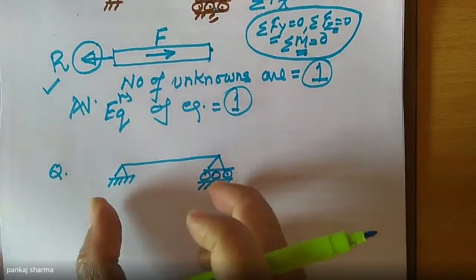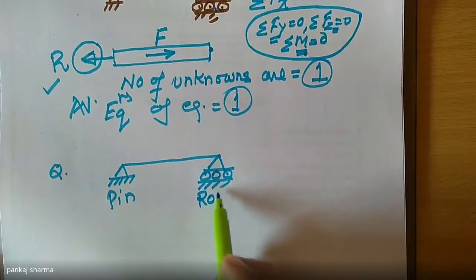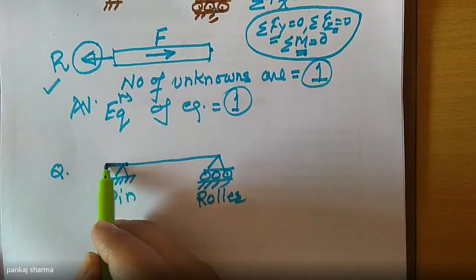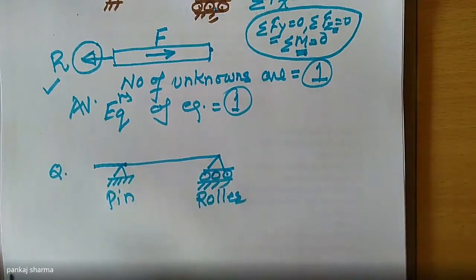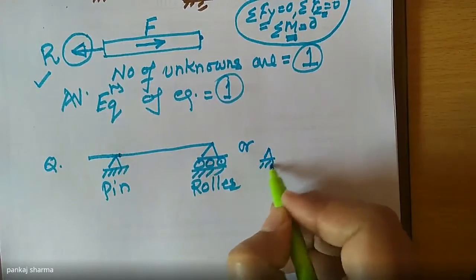If it is a simply supported beam, it has a pin joint and a roller joint. If the length of the beam extends at one side, it is a single overhang.